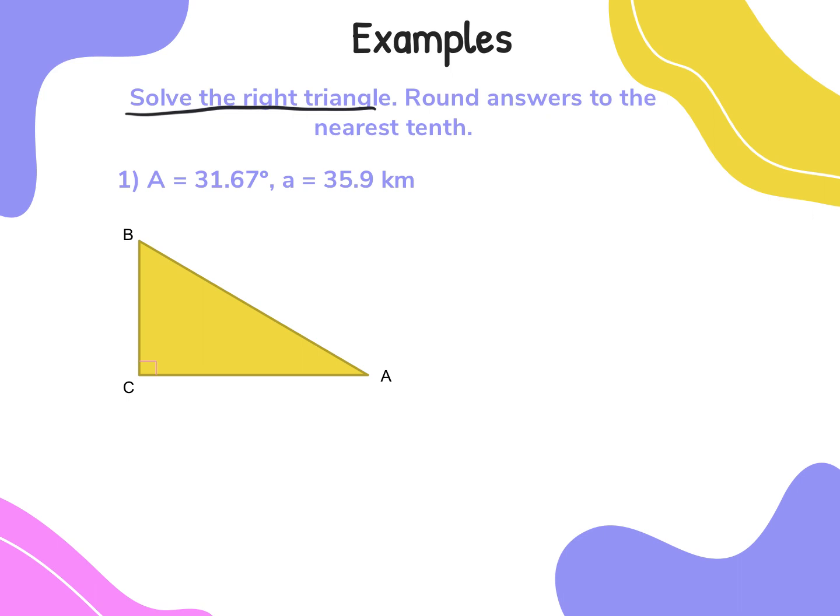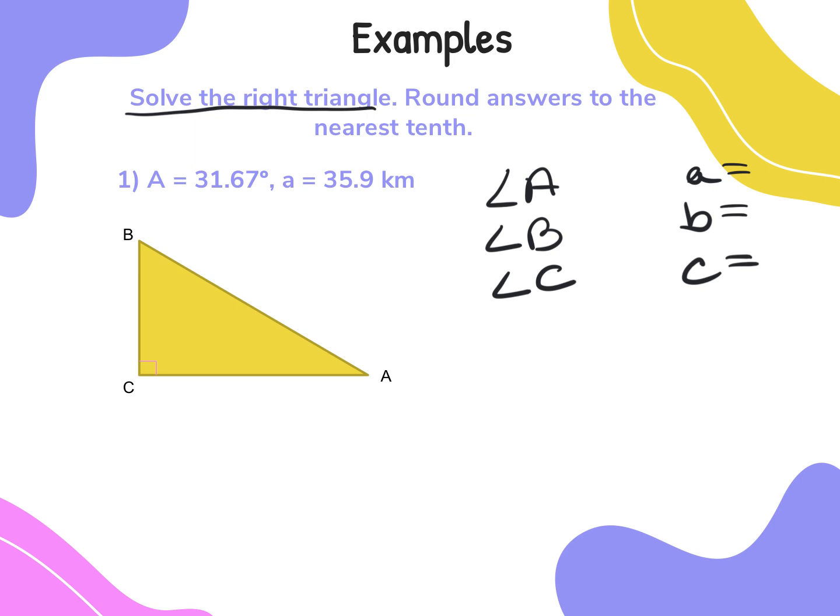So once I'm finished, I'm going to have the measure of angle A, angle B, angle C, lowercase a, lowercase b, lowercase c. Notice the lowercase letters are not on my picture. I'm going to add them in.